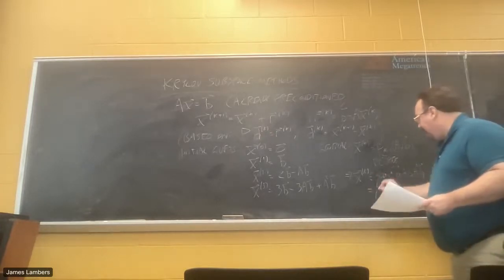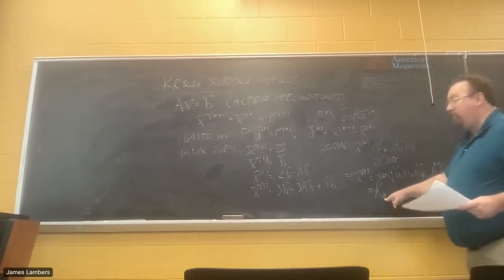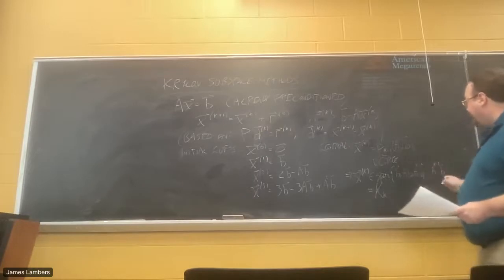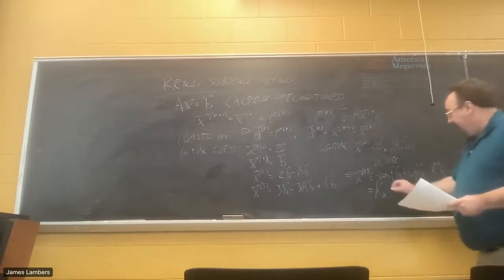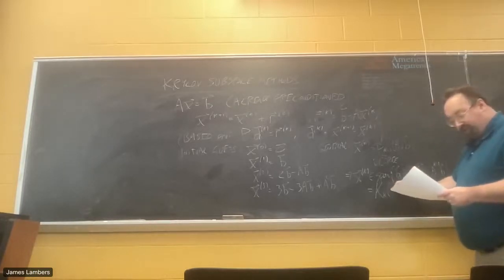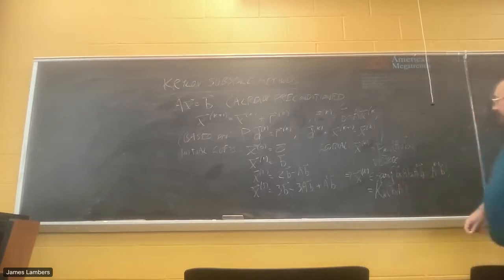I'm going to give this subspace a name, capital K. So subscript k is the dimension of the subspace, because you can see we have k vectors in here that describe the basis. So it's a subspace that's generated by b through multiplication by a.